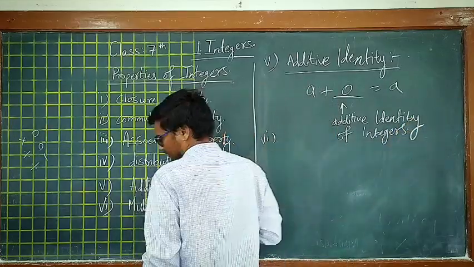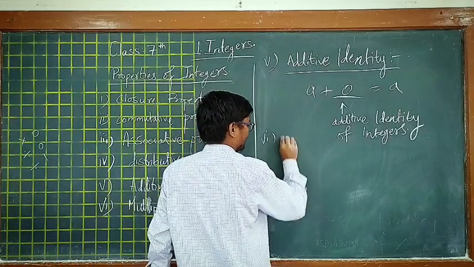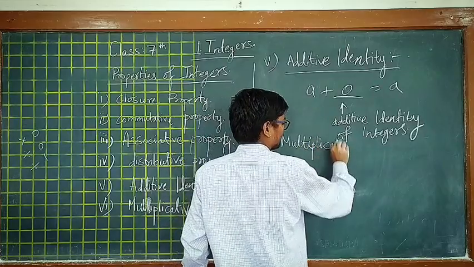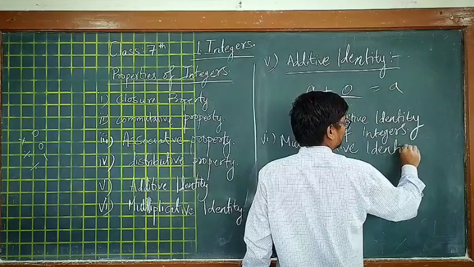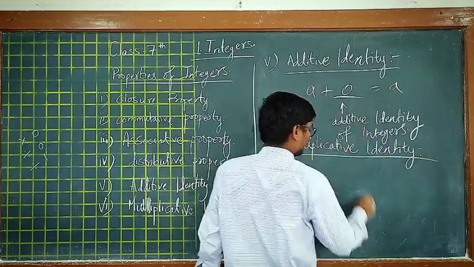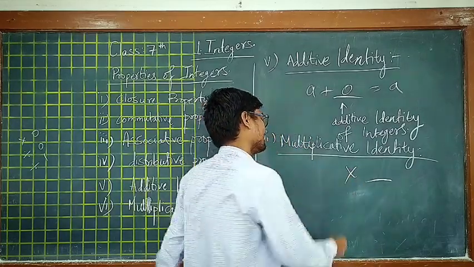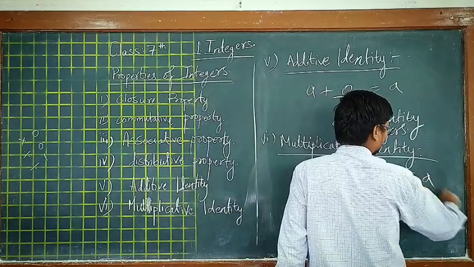Next property is multiplicative identity. So what is multiplicative identity? Multiplicative identity is a number which when multiplied with a given number a gives us the same number a.